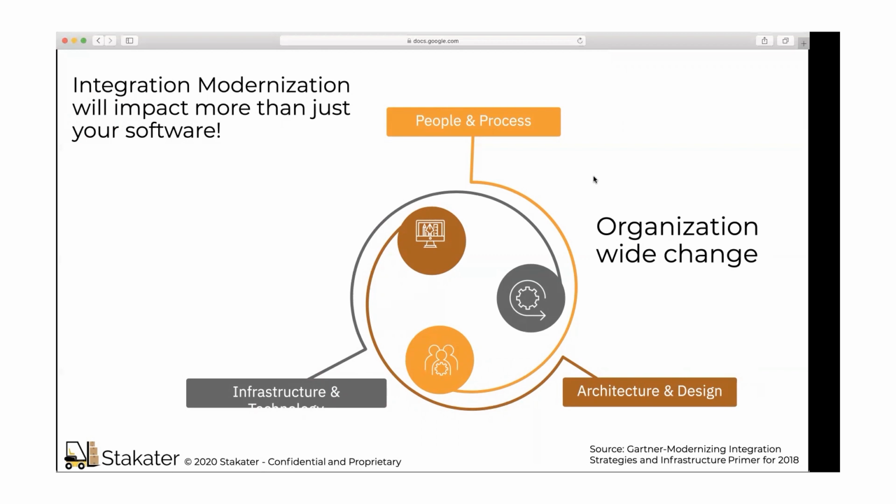It will be touching your people and processes, your infrastructure and technology, and also your architecture and design. So it's more than a piece of software. It's not just like we're going to stop using this one integration platform and move to another integration platform. It is more than that, and you have to be careful with that.